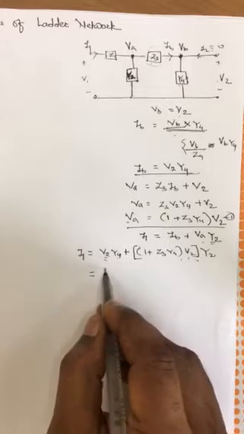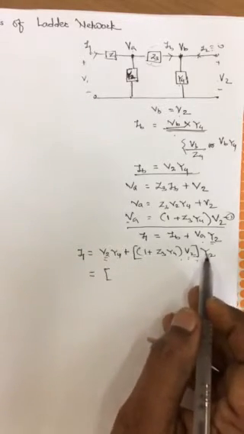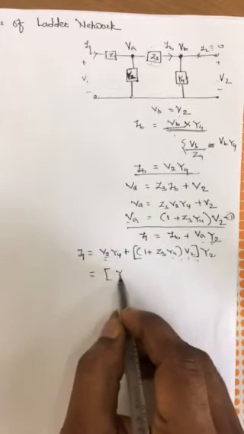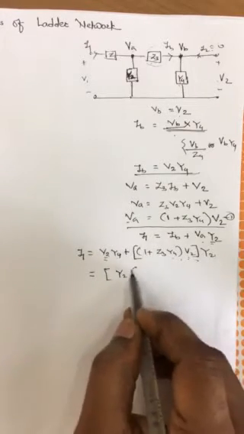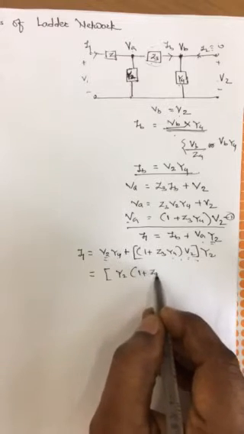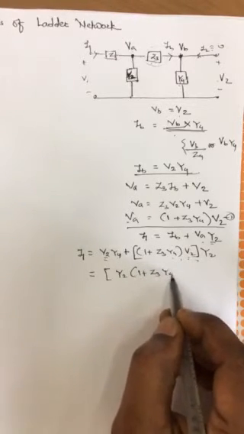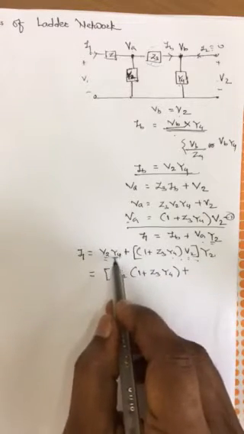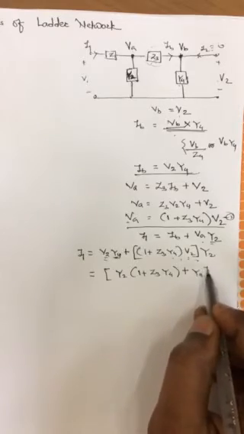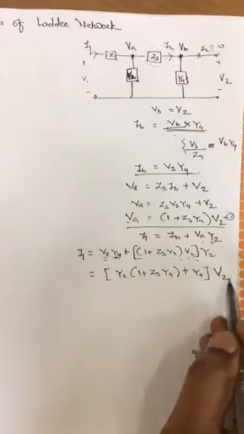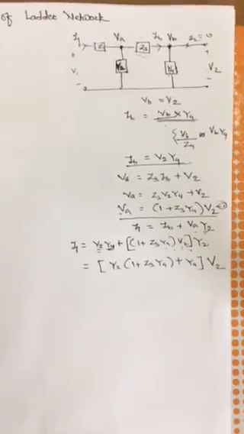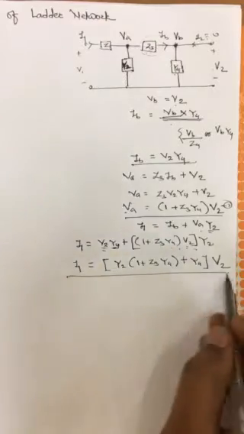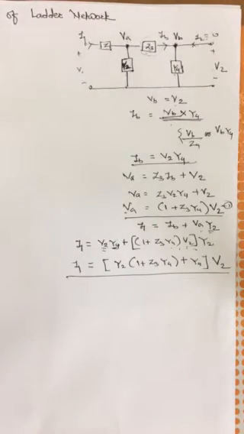I have to multiply Y2 inside this bracket, so I will write Y2 multiplied by this particular term, 1 plus Z3 Y4, plus Y4, with V2 taken common. Got it? So this is the expression for I1.